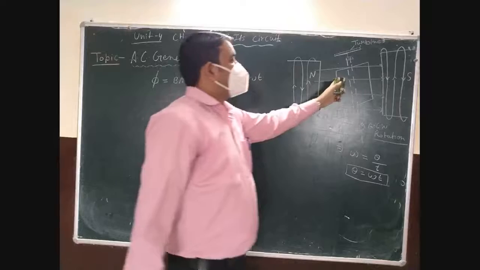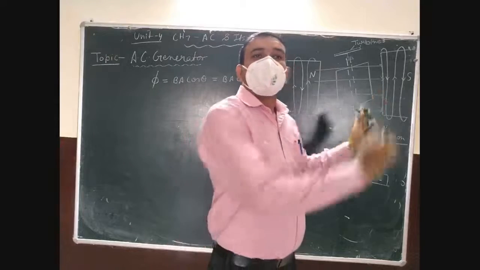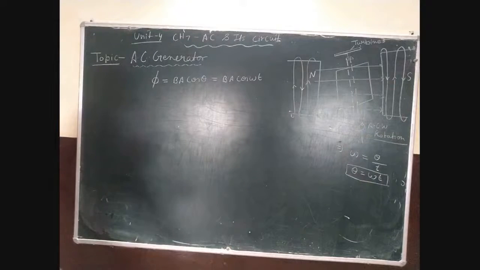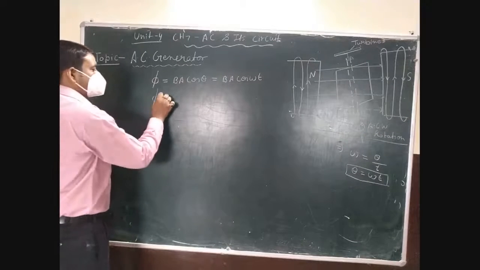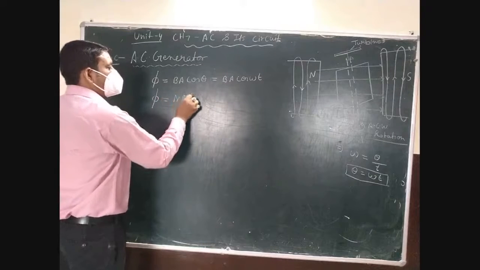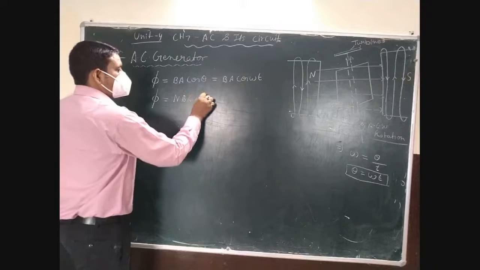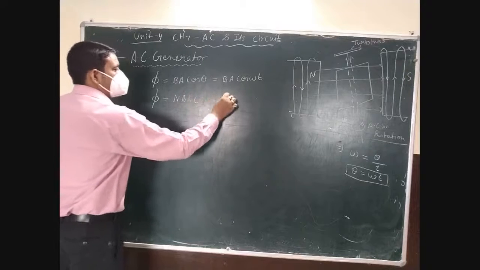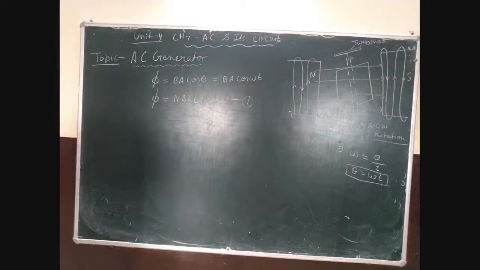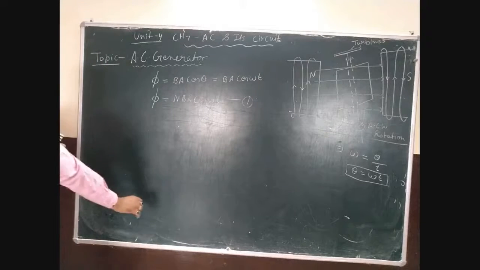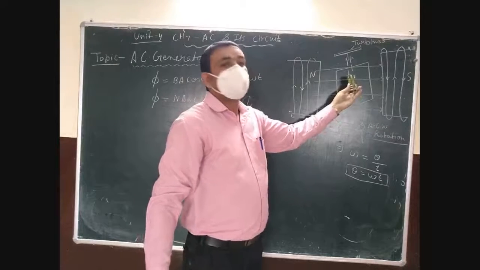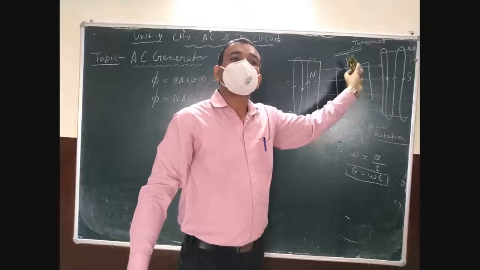Now if there are N turns in the coil wound of the insulated copper wire, then the total flux linked with the coil is NBA cos omega t. This is your equation first.